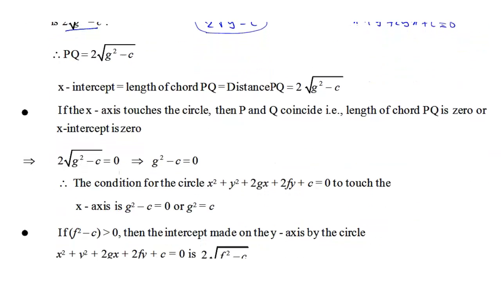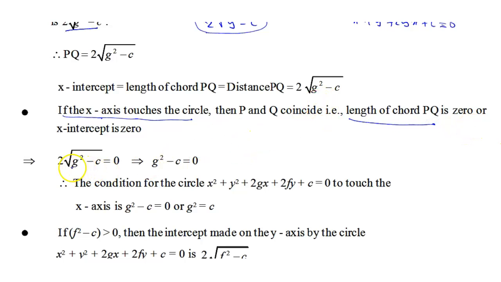Similarly, we can go for the y-axis also, right? One more formula here: if the x-axis touches the circle, in the sense the length of the x-intercept is 0, or we can take the length of the chord PQ is 0.